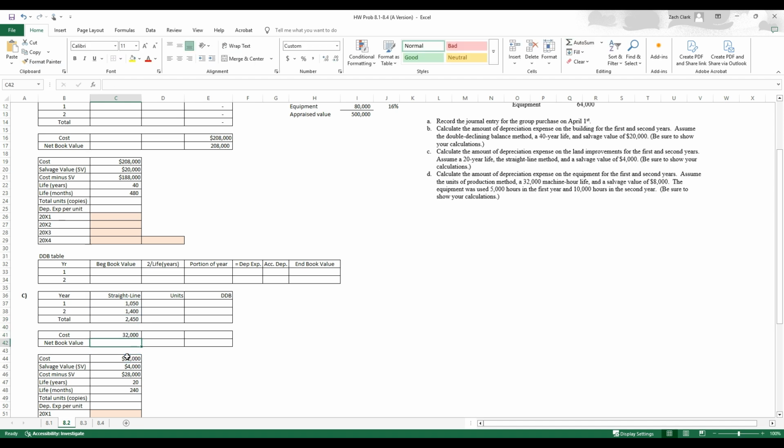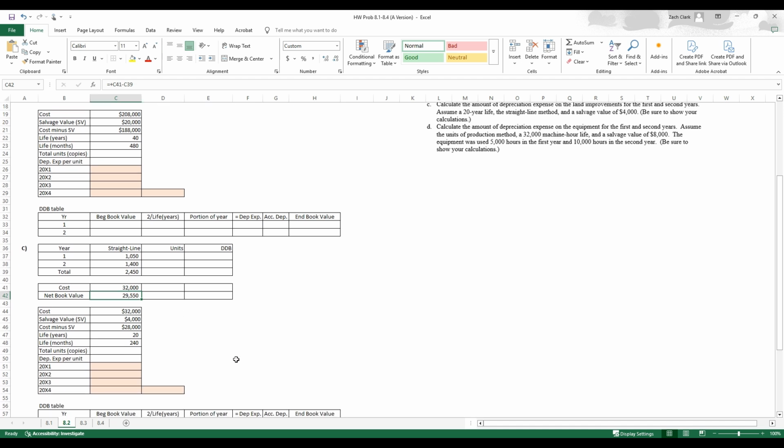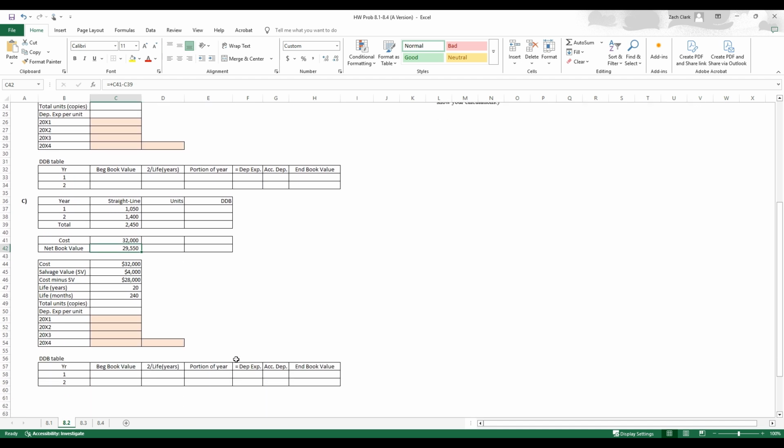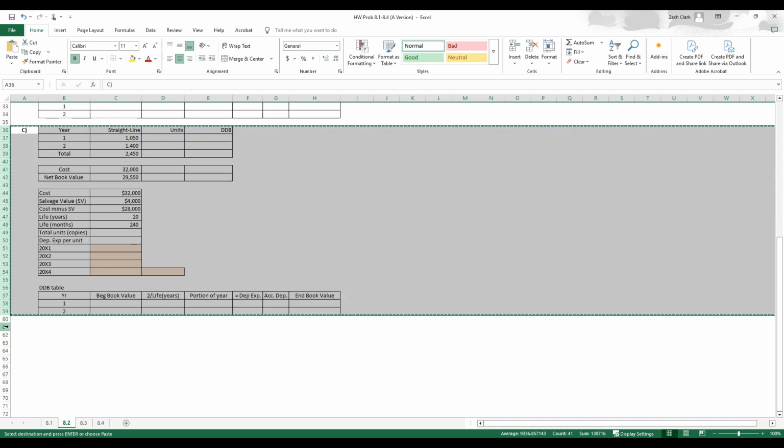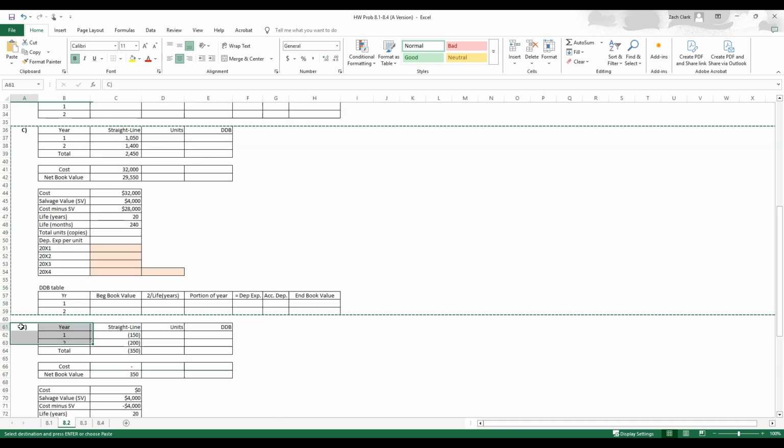We had the cost of 32,000. So our cost minus our accumulated depreciation at the end of 2 years means our net book value after 2 years is 29,550. Cool. Okay, and I'm going to leave the rest of all this other stuff blank because we're just doing the straight line method there.